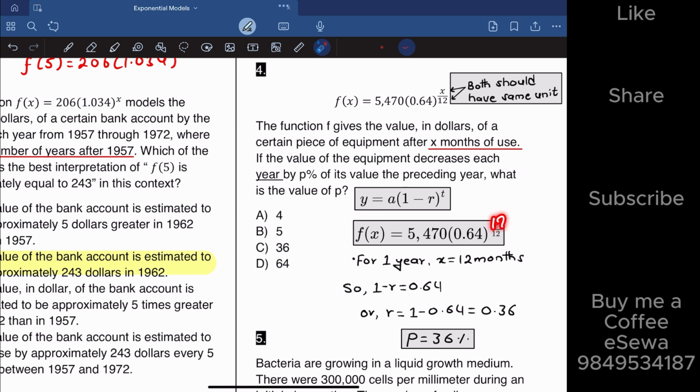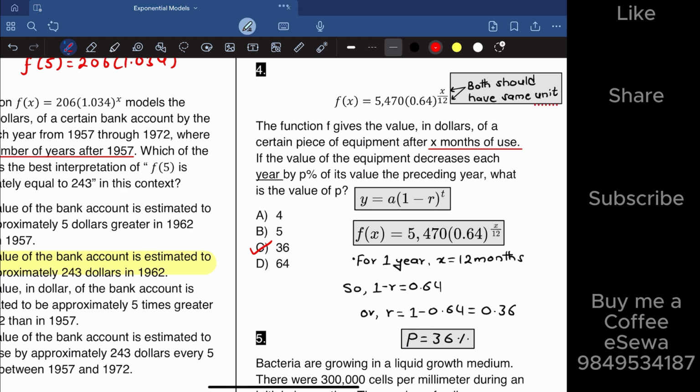When you plug in 12 here, this 12 is gone, and in that case this quantity 0.64 will represent 1 minus r, right? So 1 minus r equals 0.64. You can find the value of r is 0.36, that is 36%. So your answer is 36. p is in percent, so 36 is your answer.